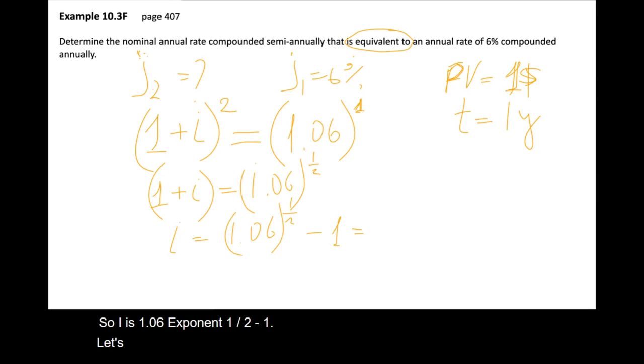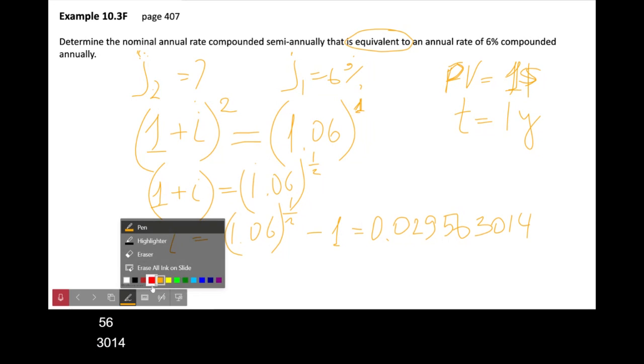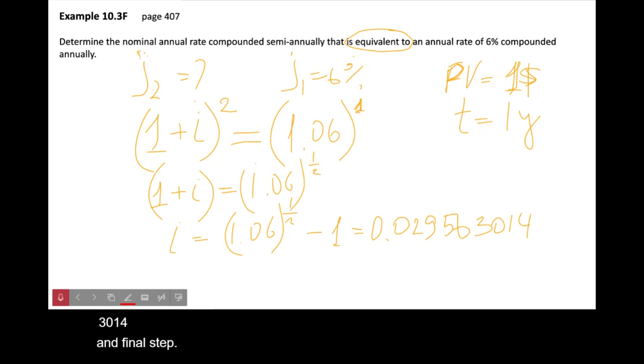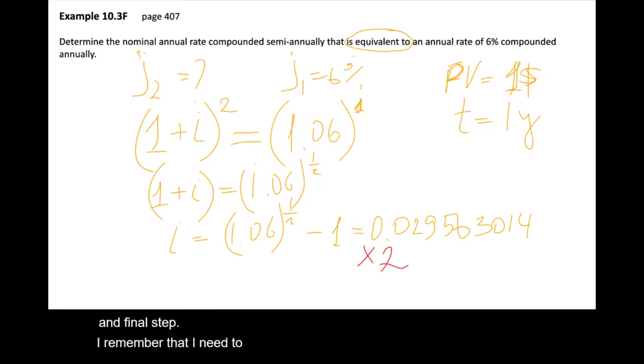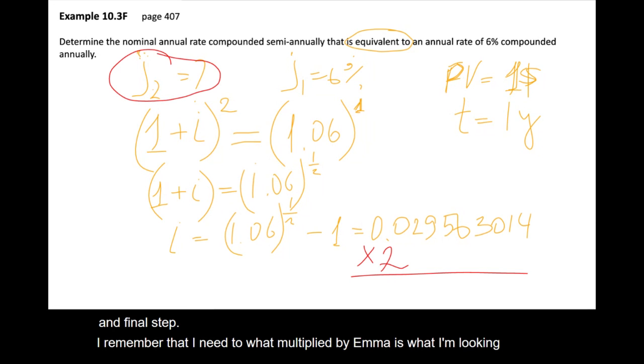Let's calculate that. 0.02956 3014. And the final step, I remember that I need to what? Multiply by m, because what I'm looking for is J2, right?